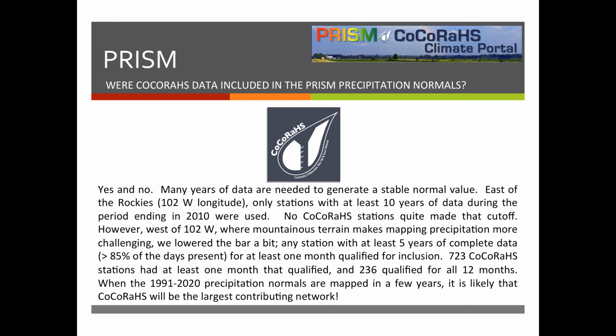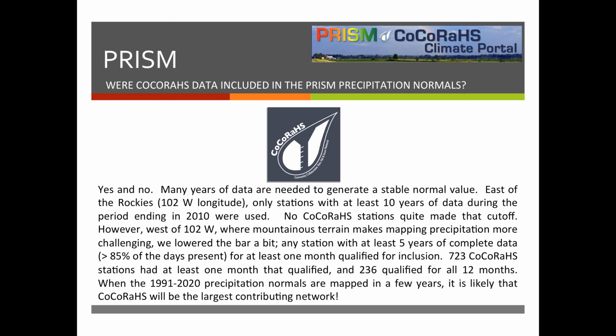And out on the plains, 10 years is used. However, as you get into the Rocky Mountain region, where precipitation varies so much, then 5 years is sufficient to provide some useful information towards a better long-term estimate.